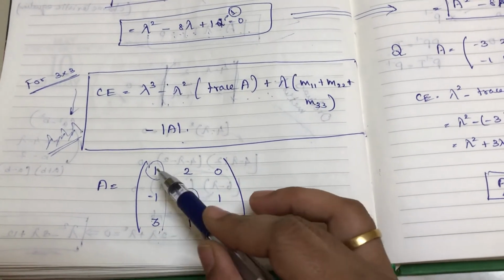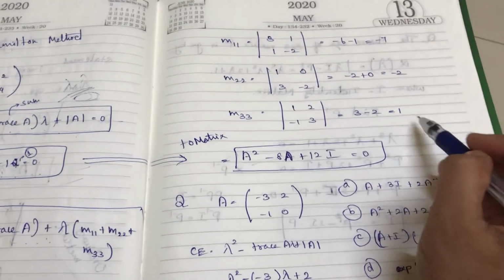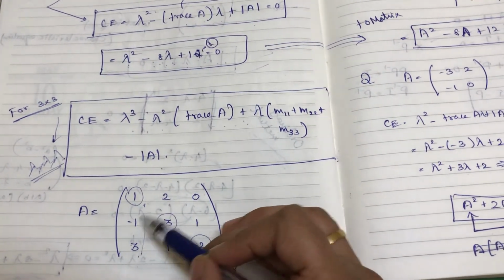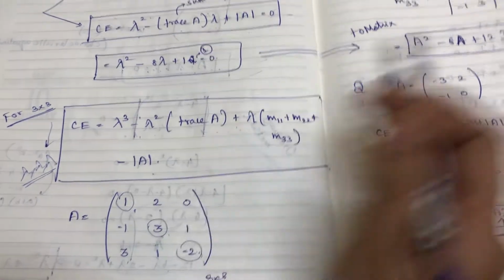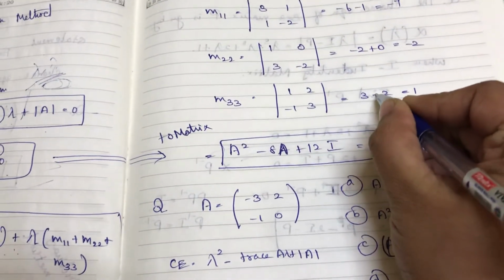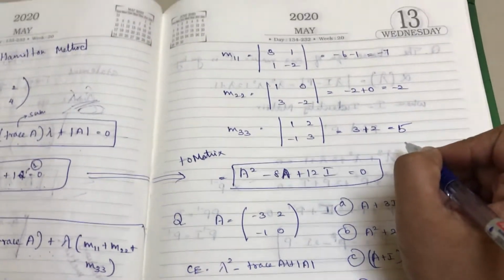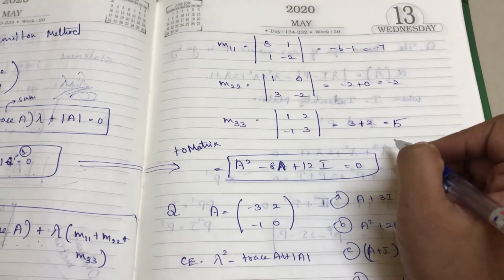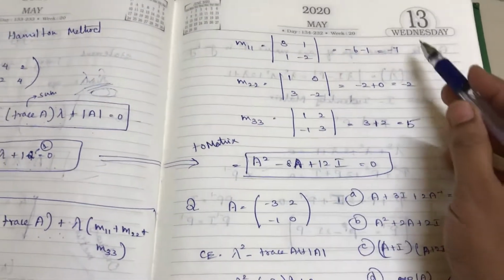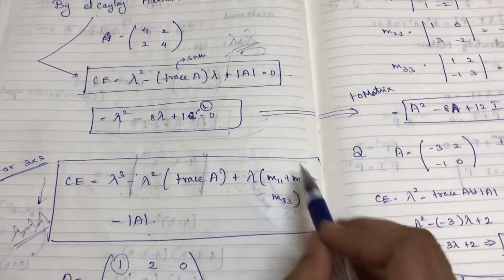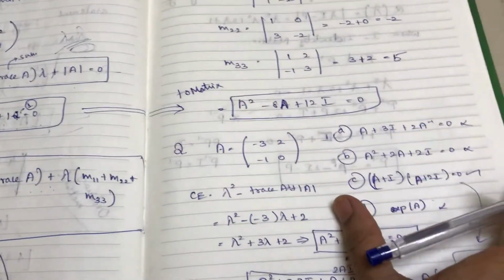You can see the 4 elements. 3 plus 2 is 5, right? So this is the answer. These are the minus signs. Just add these here and you will get the lambda value. This is the characteristic equation.